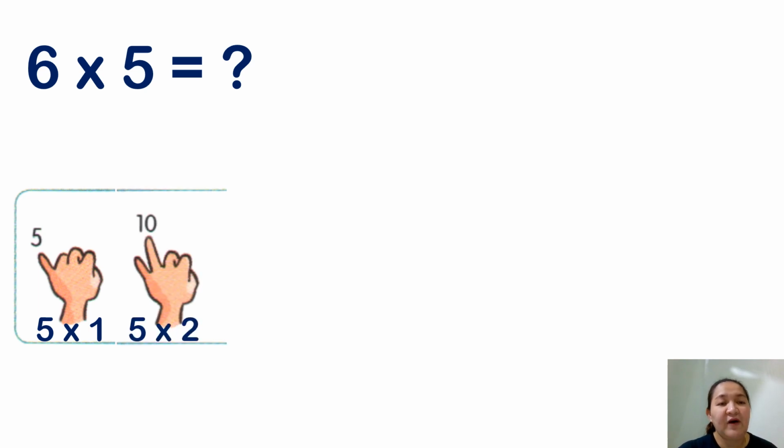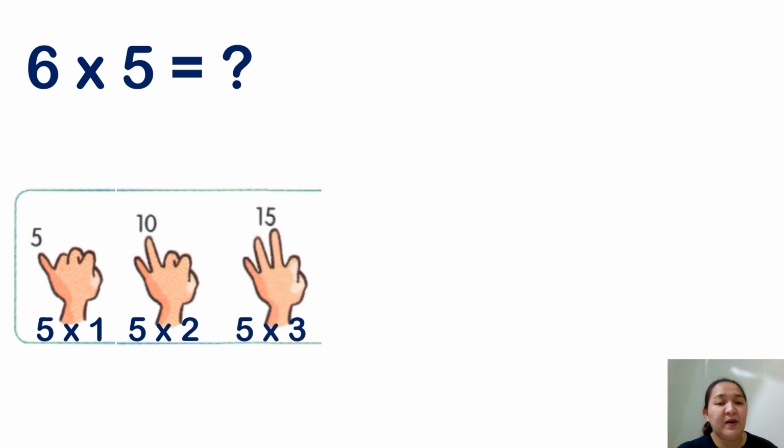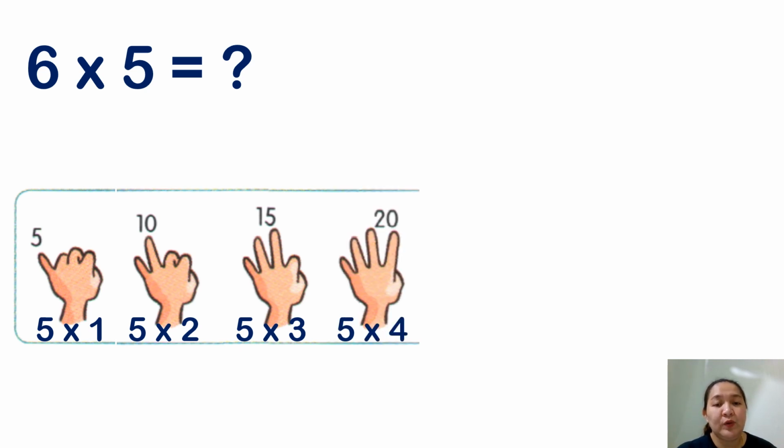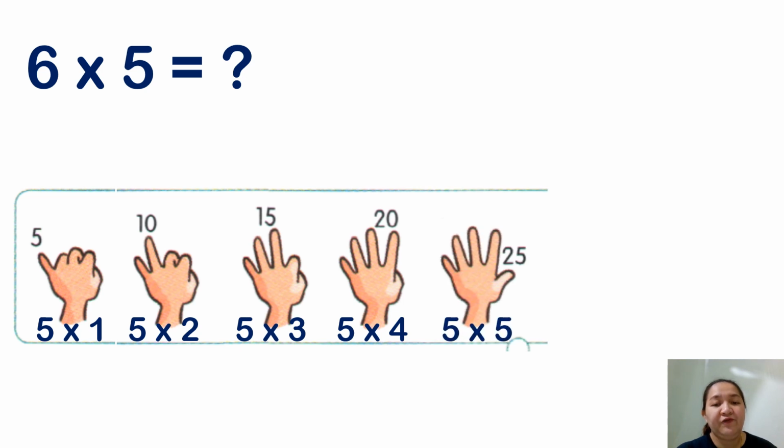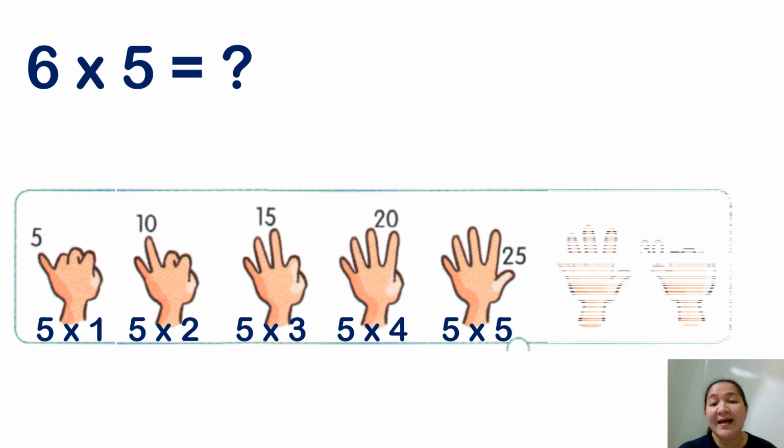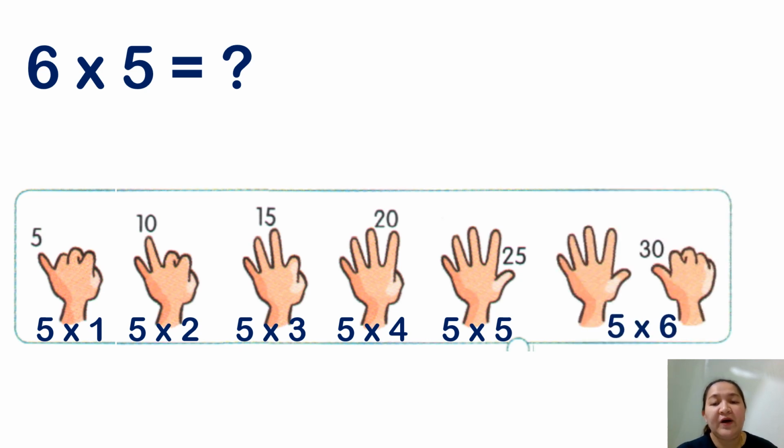Next is 5 multiplied by 2 is 10. 5 multiplied by 3 is 15. 5 multiplied by 4 is 20. 5 multiplied by 5 is 25. And the last one is 5 multiplied by 6 is 30. So 6 multiplied by 5 is equal to 30.